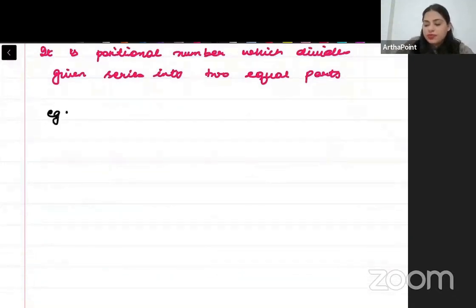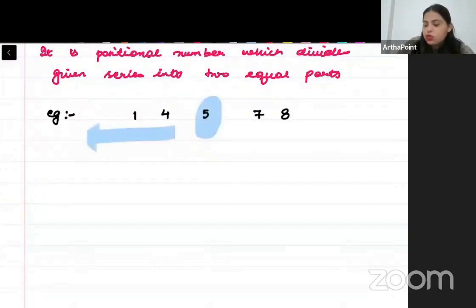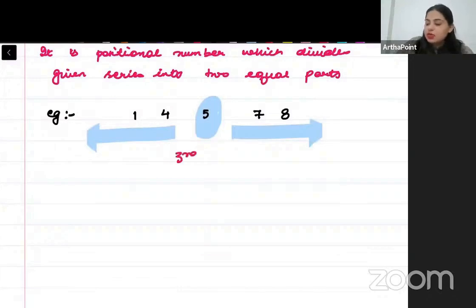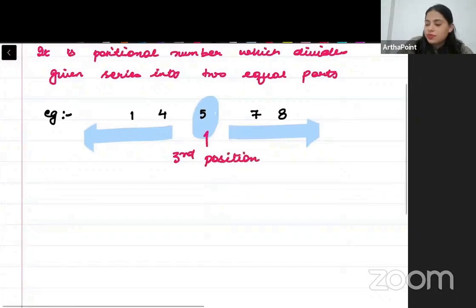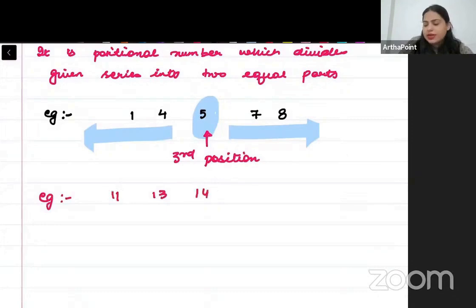जैसे फॉर एग्जाम्पल बेटा if I say 1, 4, 5, 7, 8. So median will be any number on the third position, क्योंकि there will be 2 numbers below and 2 numbers above. Or for example, let's say I have the data set 11, 13, 14, 17, 18, 19, 20.